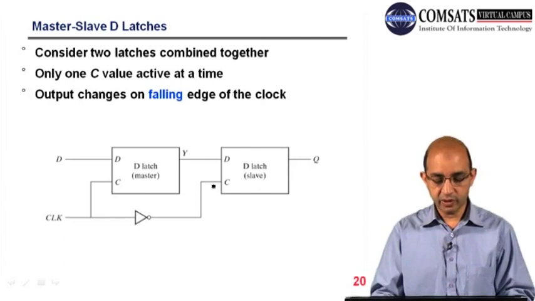The same clock is complemented and applied to the slave. So the output changes on the falling edge of the clock. If we have activation here for the rising edge, that would be the inversion.